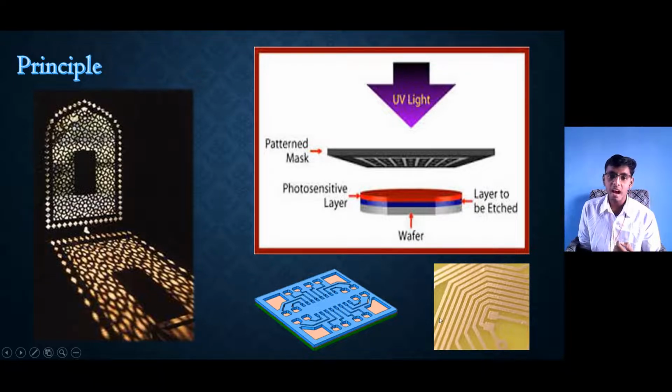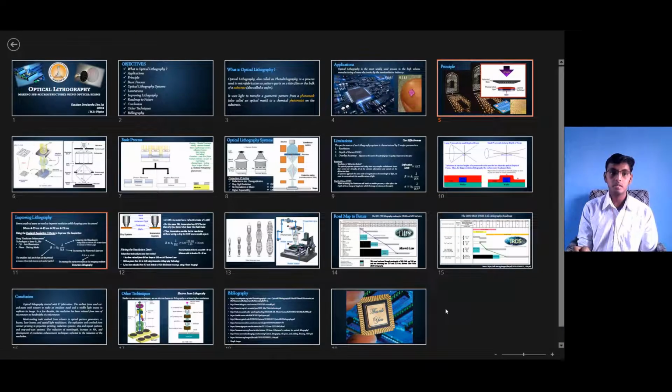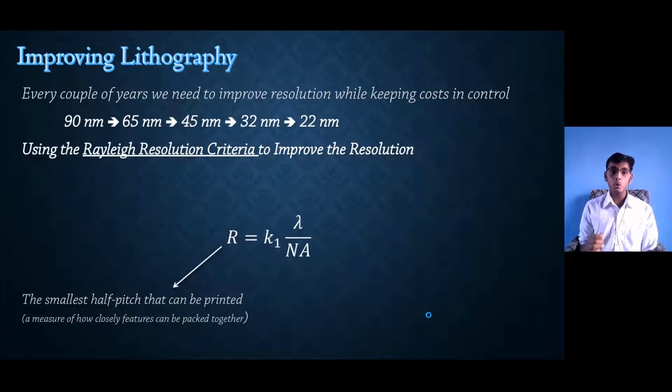Equivalently, the half pitch is half the distance of this pitch. It is defined by the distance between the center of this green substrate line to the center of this copper line. It is called the half pitch of our printing. This half pitch is a measure of how closely the features can be packed together.